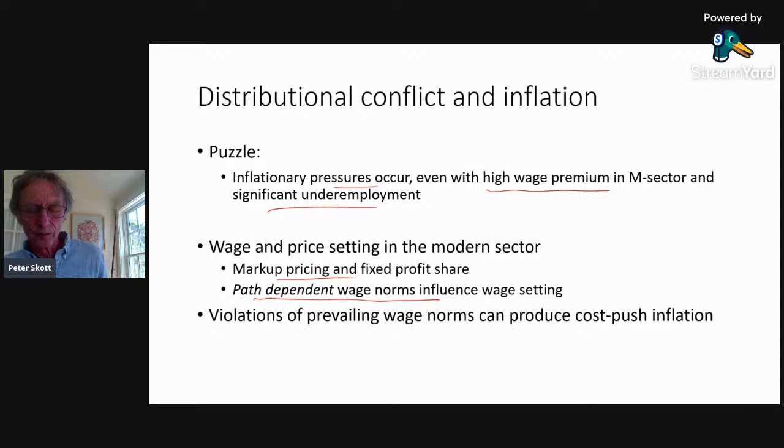I'll later on relax that. But you have markup pricing, and then you have wage setting influenced by these path-dependent wage norms. So if you violate a wage norm, if you squeeze wages below what modern sector workers consider fair, then you would get cost push inflation.